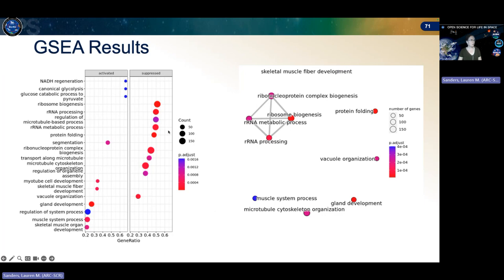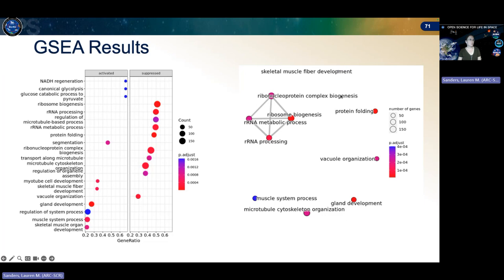Each dot on this dot plot, the size of the dot represents the count of genes from each gene set that were differentially expressed, and the color of each dot represents the value of the adjusted p-value.